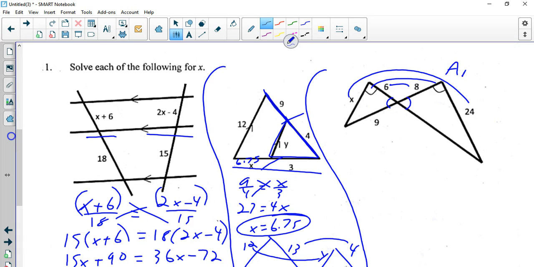So by AA similarity, we know they are similar. So I can say 6 to 8 equals x over 24. 8x equals 144. When I divide, I get 18, and that is all.